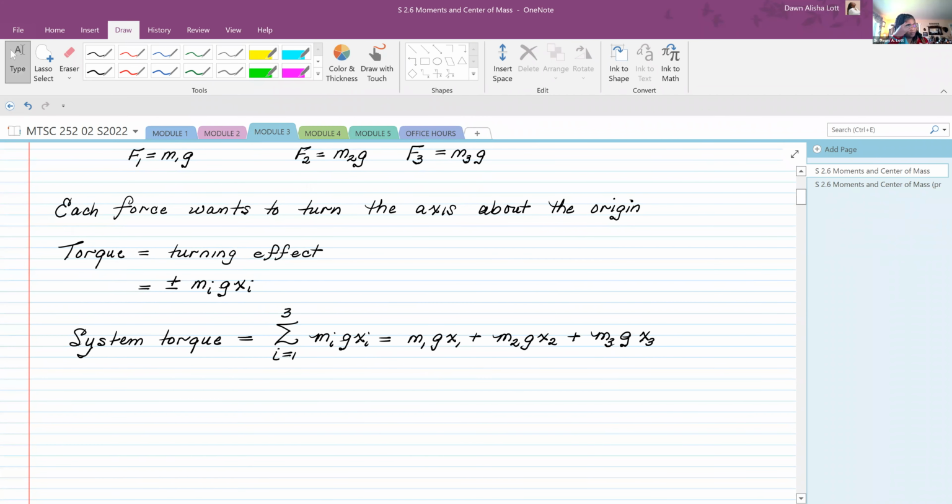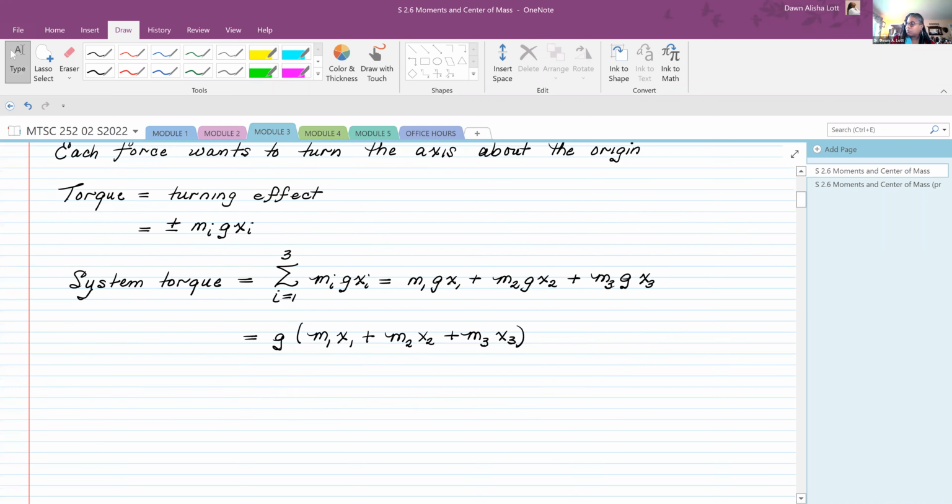Therefore I can pull the g out and get M1 X1 plus M2 X2 plus M3 X3. And I'm going to call this thing the moment about the origin.